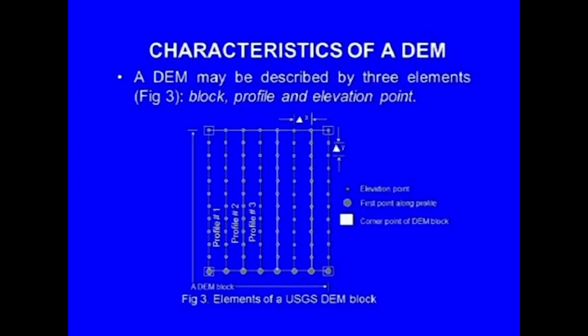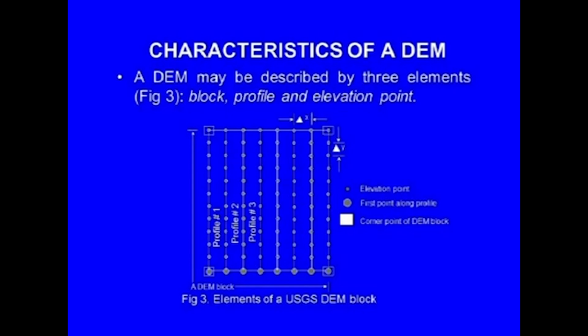Having had a look at these, now let us look at the characteristics of a DEM. A DEM may be described by three elements: block, profile and elevation. The figure below shows a schematic representation of the elements of a DEM block.